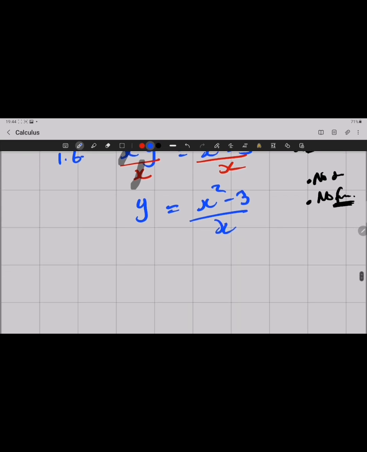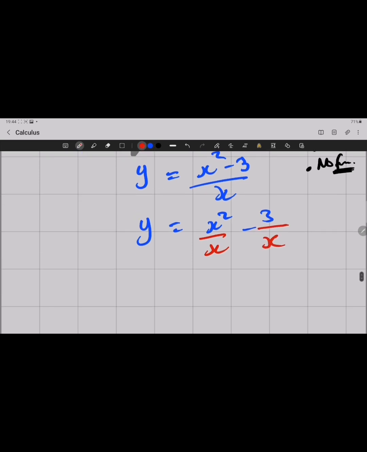If you've got a fraction or x in the denominator, you must split this. So it's going to be x squared divided by x, then minus 3 divided by x, which is the denominator.